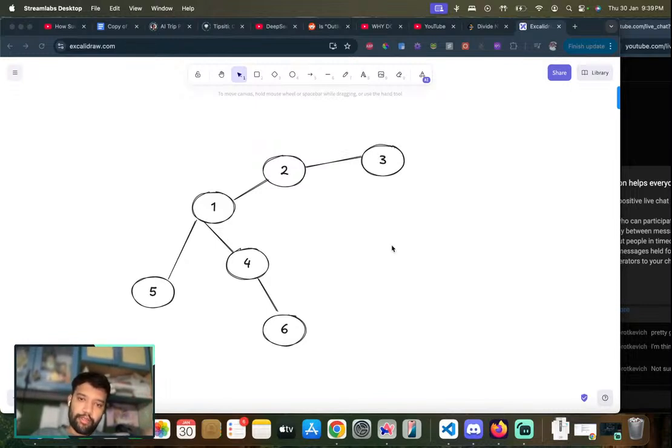How will I do that? From one, it would be one, two. From one, it would be one, two, three. From two, it would be one.